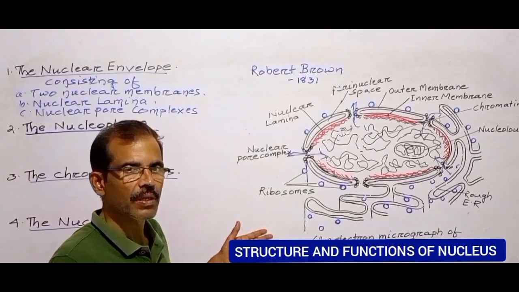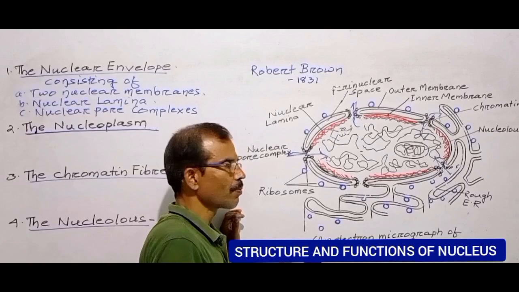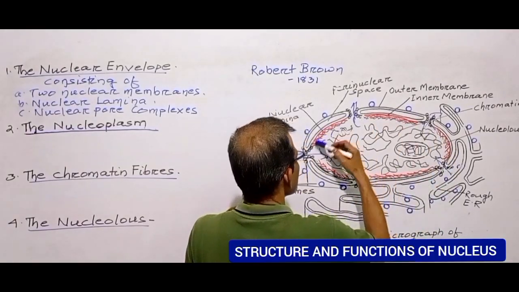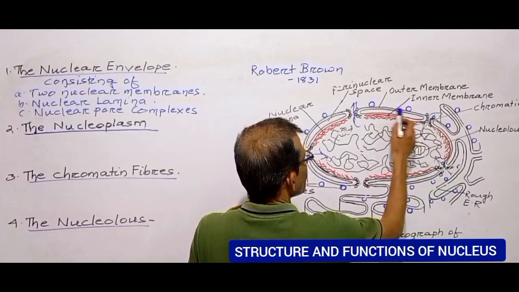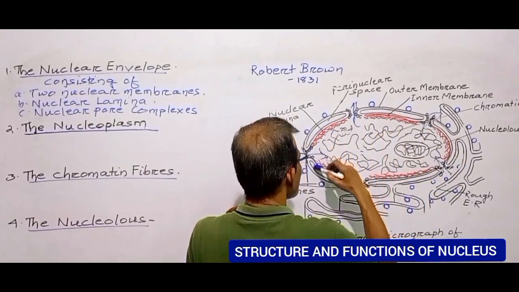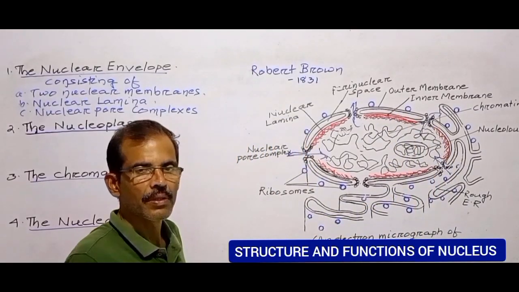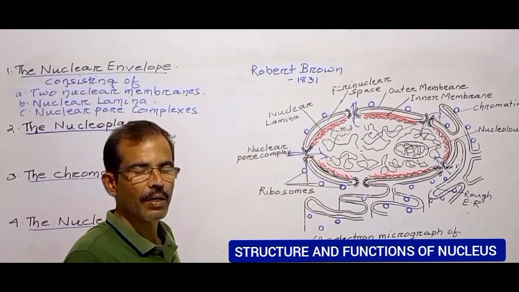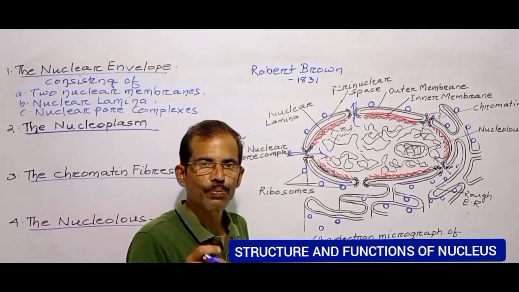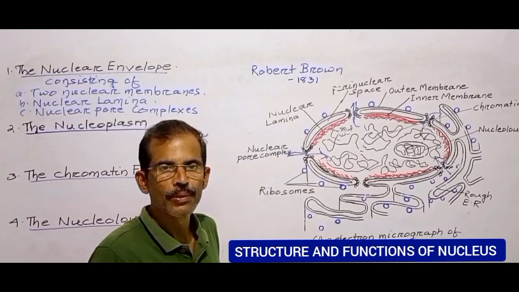As just mentioned, the nuclear envelope consists of a system of two concentric membranes known as the outer nuclear membrane and inner nuclear membrane. Like other cell membranes, each nuclear membrane is a phospholipid bilayer which is permeable to only small nonpolar molecules.